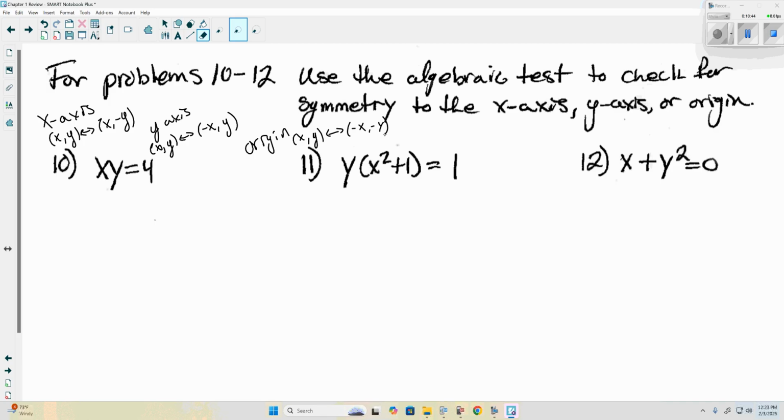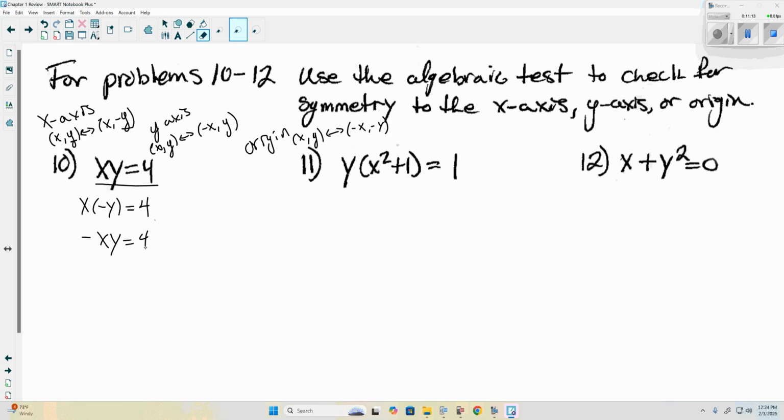So we can start with number 10. And to check for x-axis, what we do is we take this equation and replace y with negative y. If we can replace y with negative y and get the same equation back, then it is indeed symmetric to the x-axis. Now our x times negative y is negative xy is equal to 4.